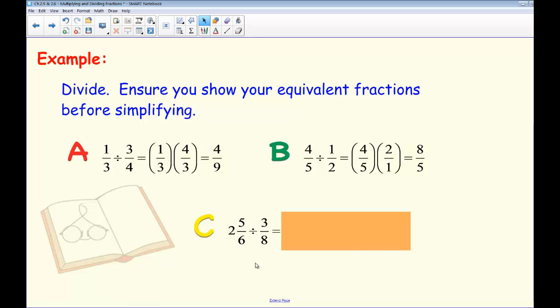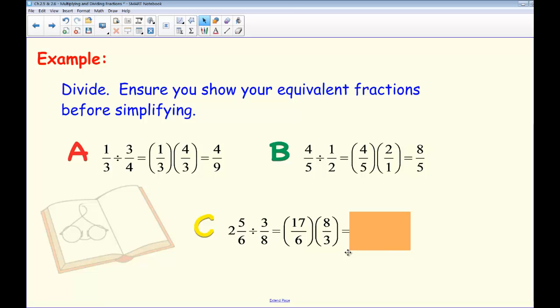And finally, in question C, I have a mixed number again, so I need to change that into an improper fraction. So I'll do that, and at the same time, I've inverted the second fraction to 8/3. So 2 5/6 turns out to be 17/6. The second fraction has been inverted to 8/3.